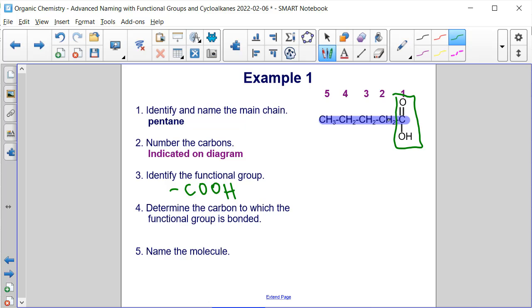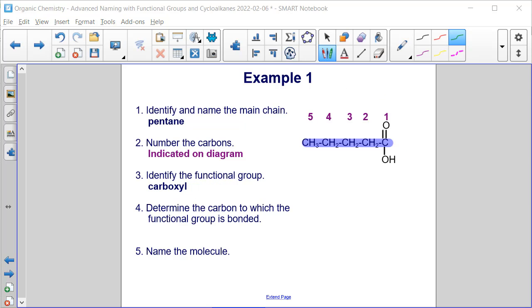And then we are connected to the rest of the chain here. Okay, so we have a carboxylic acid group or an alkanoic acid group, COOH. All right, now that we've identified our functional carboxyl group, we need to determine what carbon it's bonded to, and it's bonded right here on carbon number 1.